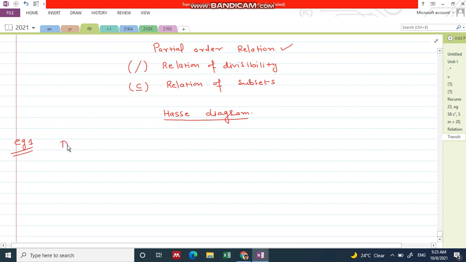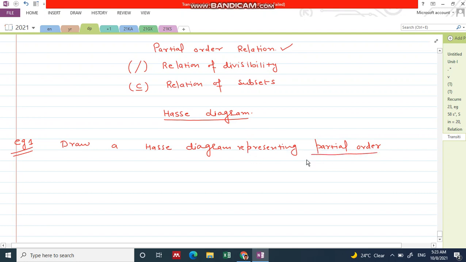Draw a Hasse diagram representing partial ordering. I told you that we can apply this only for a partial order relation.